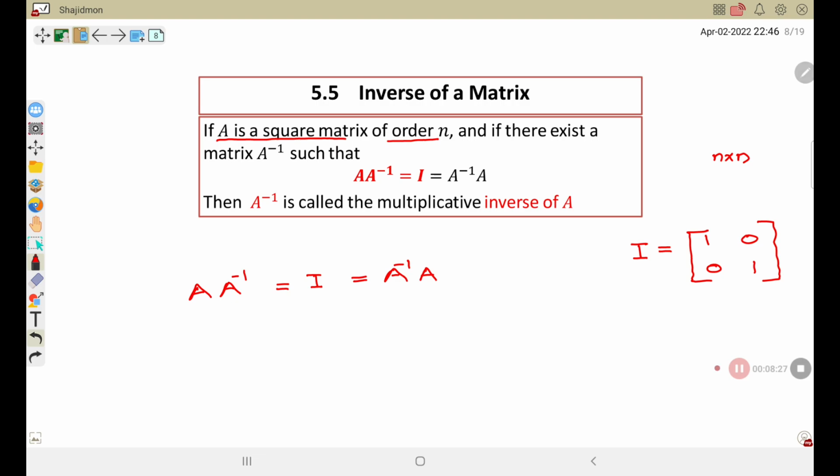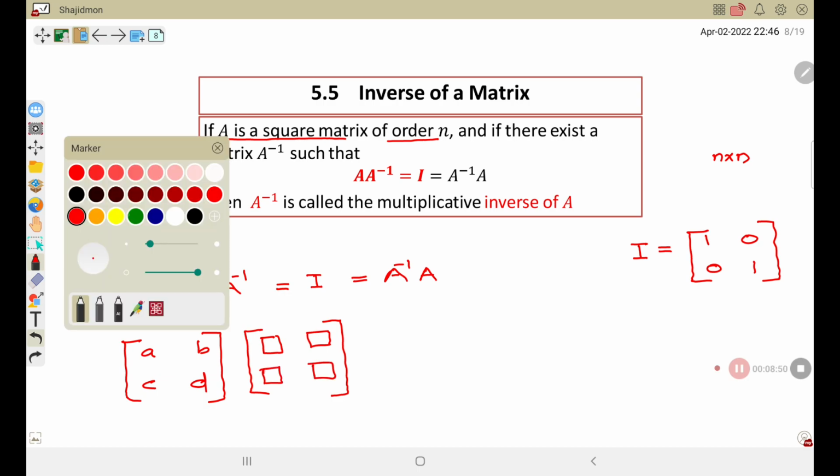So what is the meaning of the inverse of a matrix? For example, we have a matrix here. For example, A, B, C and D. Now what happens if we multiply this matrix with another matrix? Okay, we need to find a 2 by 2 matrix here, one number here, one number here, one number here and one number here.